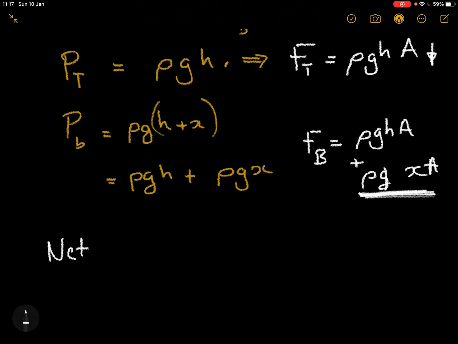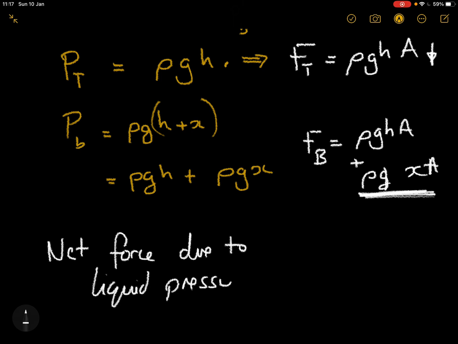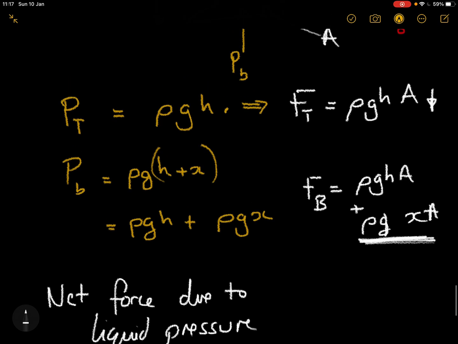Because if we then think about the net force due to the liquid pressure, as the force on the bottom is acting up, the force on the top is acting down.